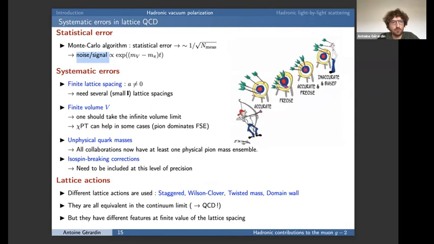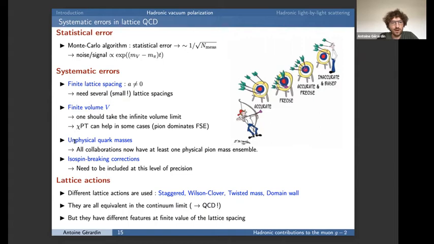And then, of course, we have to deal with different systematic errors. The first one is the continuum extrapolation. Any lattice calculation is done at a finite value of the lattice spacing, and at the end, we need to use several lattice spacings to extrapolate to the continuum. We also need to take the infinite volume limit, and for this, we can use some theoretical tools.